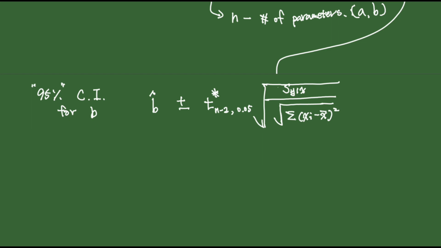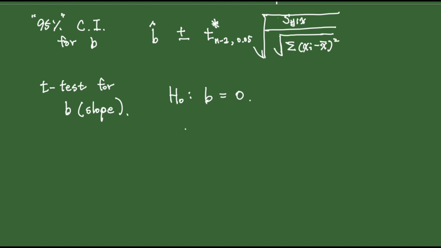Also, we can do the t-test for B, which is the slope. In this case, what is our null hypothesis? Our null hypothesis is that B is 0. What does that mean? When B is 0, what can happen?